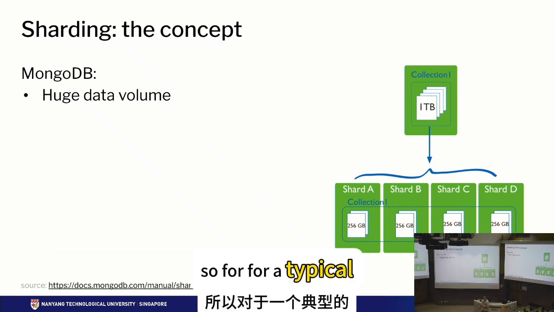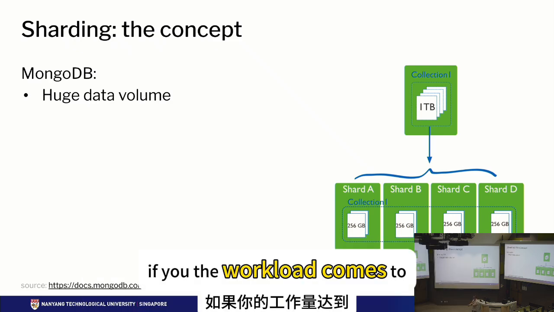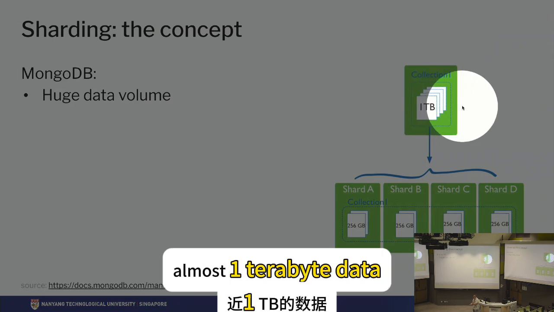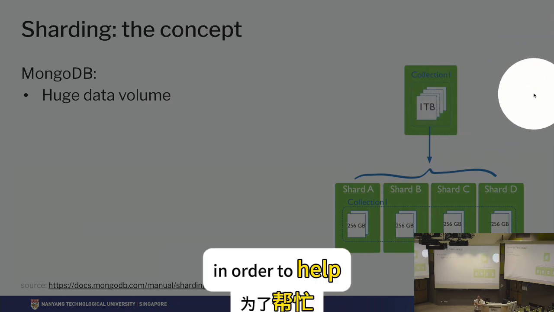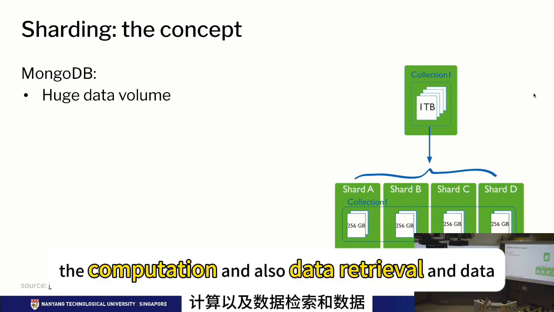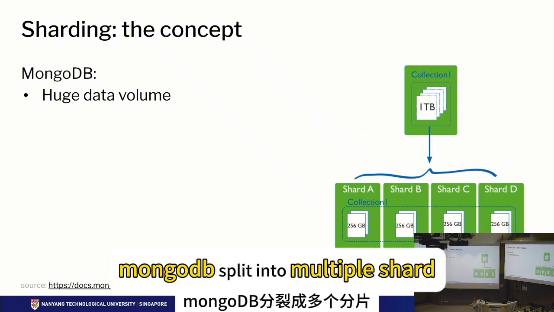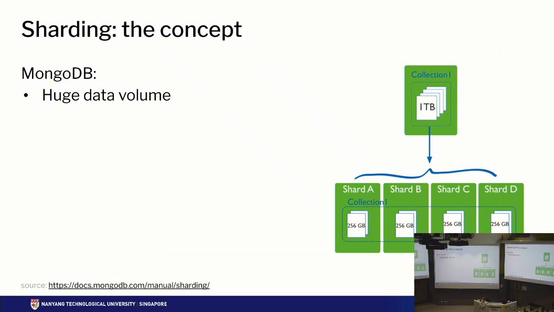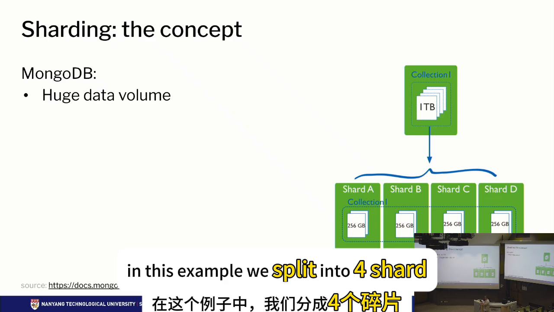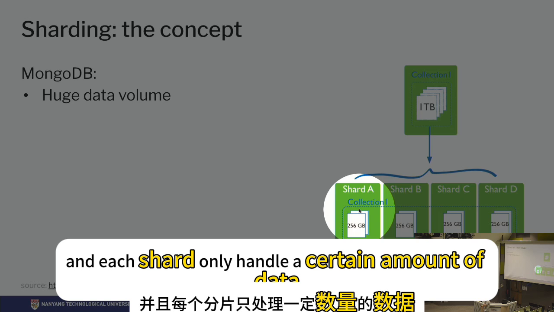So for a typical database, especially the popular ones like MongoDB, if the workload comes to almost 1 terabyte of data, in order to make the computation, data retrieval and data storage more efficient, MongoDB splits into multiple shards. In this example, we split into 4 shards, and each shard only handles a certain amount of data, right?